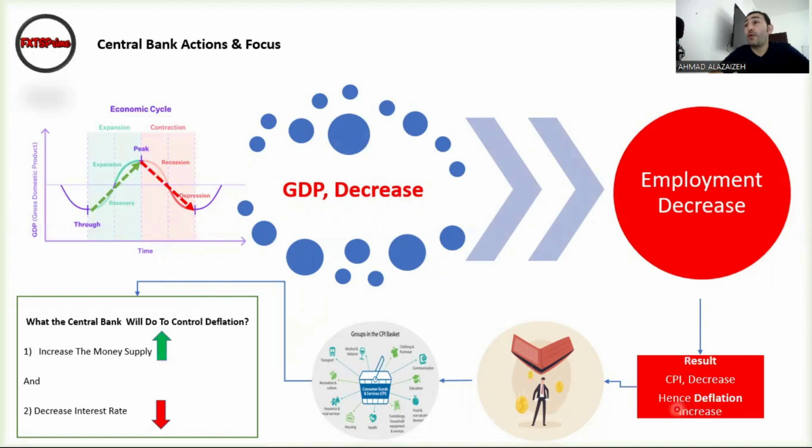The bank will focus on the unemployment rate. That means it's an indication for the future that productivity will be less, then the GDP will be less, because the main factors for productivity and the GDP are employment and investment. So the bank will start to look into the employment data, and based on that, it will react.